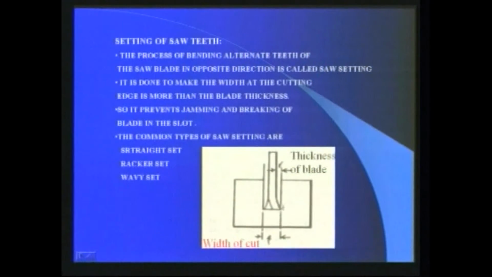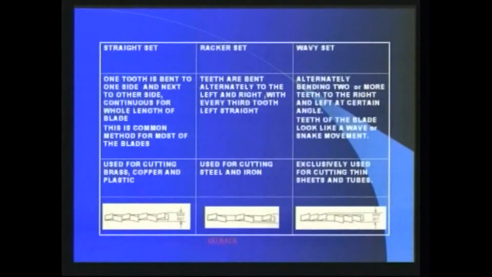It is the width of the cut and it is the thickness of the blade. So, it prevents jamming and breaking of the blade in the slot. The common types of saw setting are straight set, raker set, wavy set.